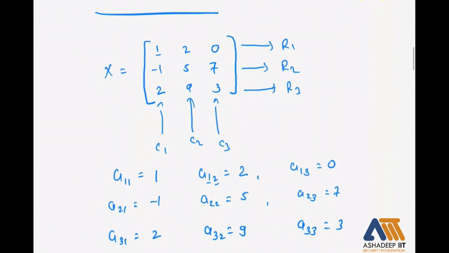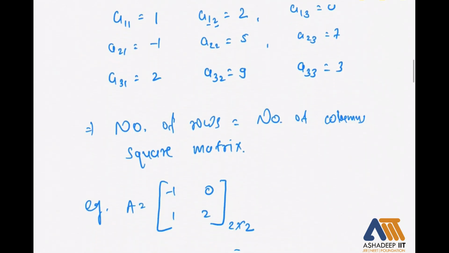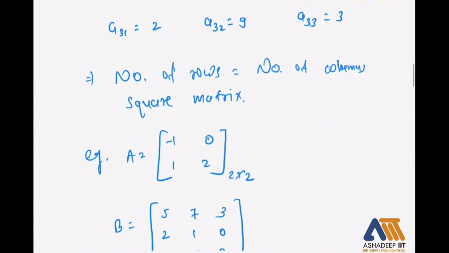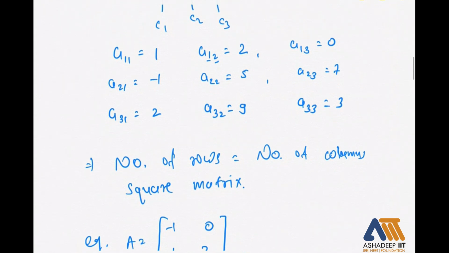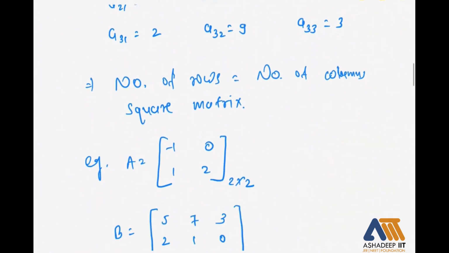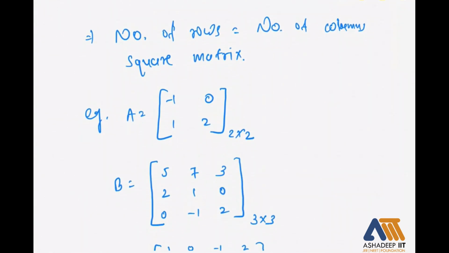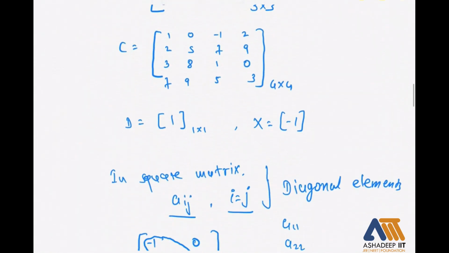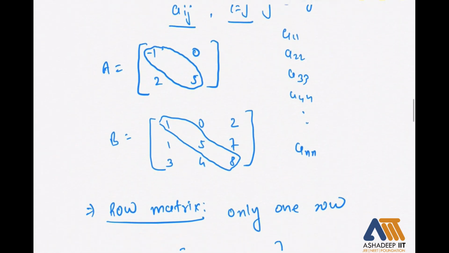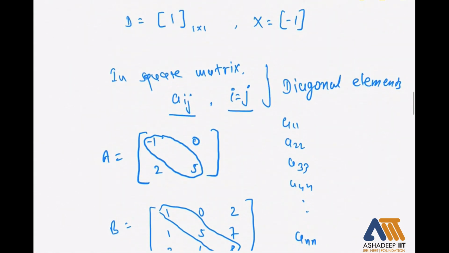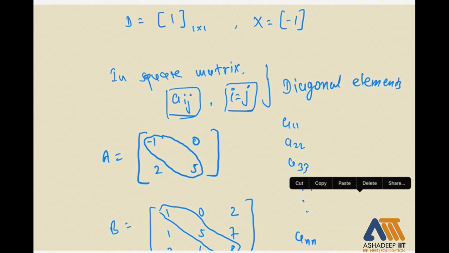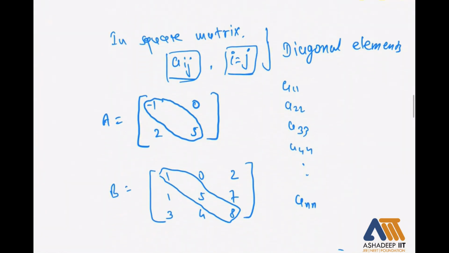Next is the order of the matrix: number of rows and number of columns present in any matrix. Now next is the square matrix: number of rows is equal to number of columns, then that is said to be a square matrix. Next one is the diagonal element: in the square matrix, elements in the form Aij where i is equal to j are said to be diagonal elements.